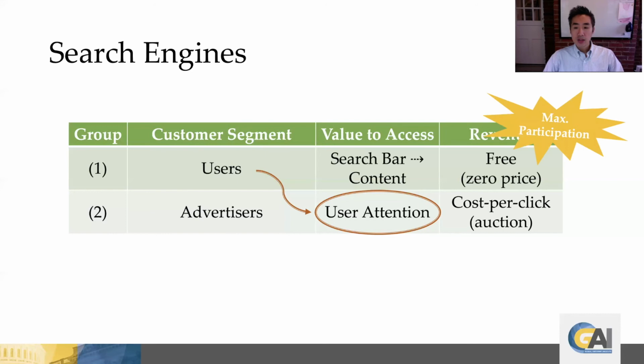And notice that the zero price isn't because of some benevolent philosophy in terms of the platform giving users free stuff. Maybe there's a little of that, but the idea here is that you want to maximize the participation on the platform. And the way you do that, of course, you can maybe give people money, but holding aside a negative price, if you will, the way that you would do that is set it at the lowest possible price, which is zero.